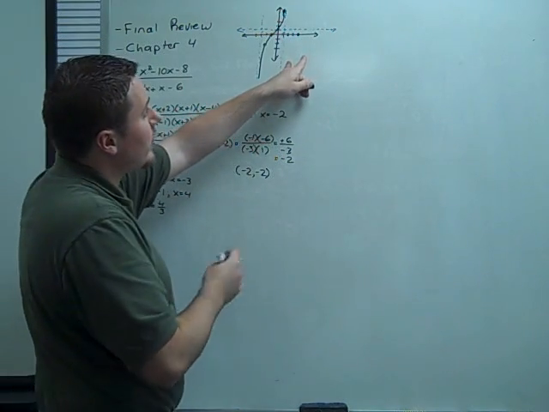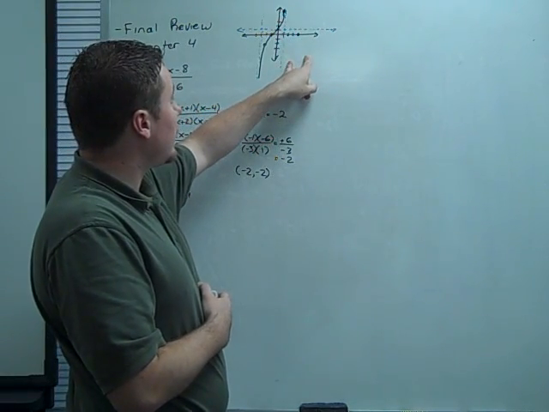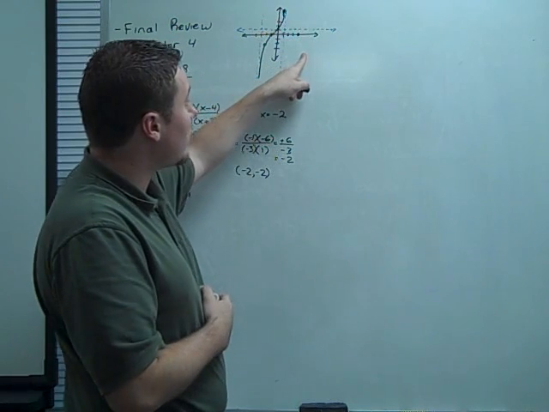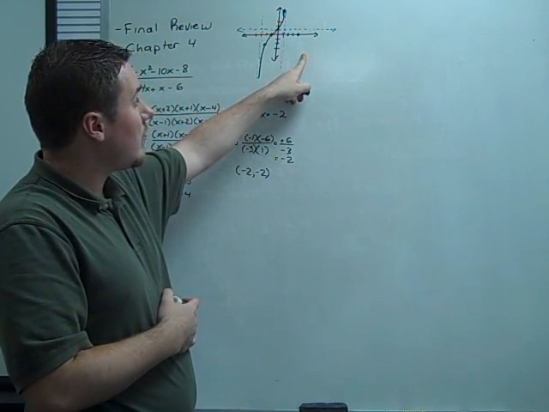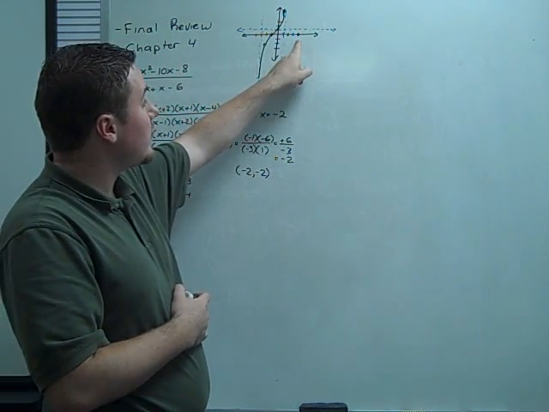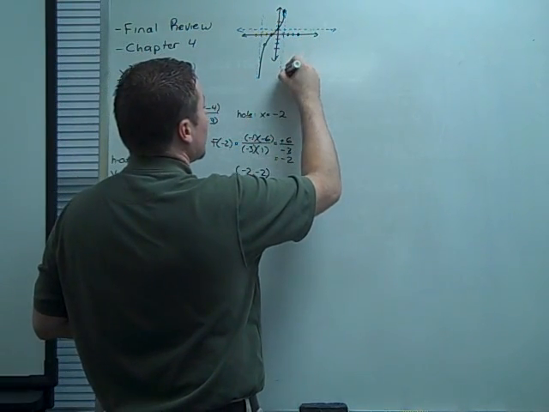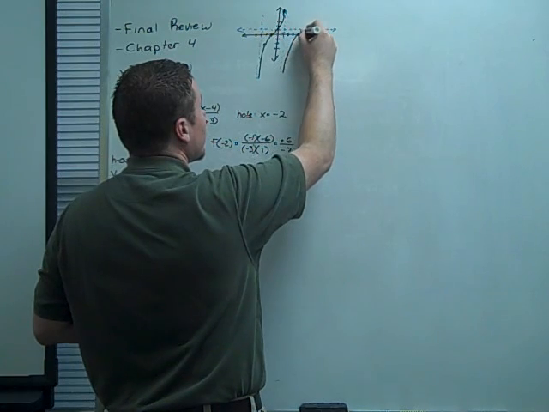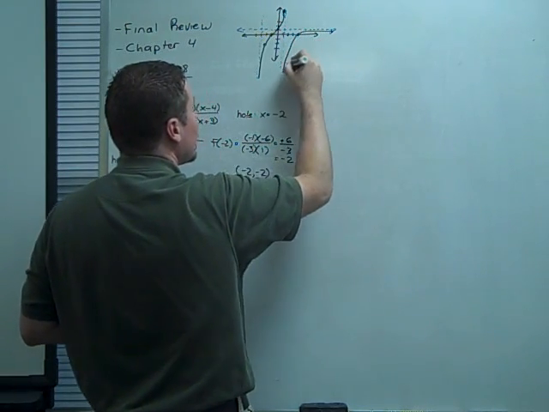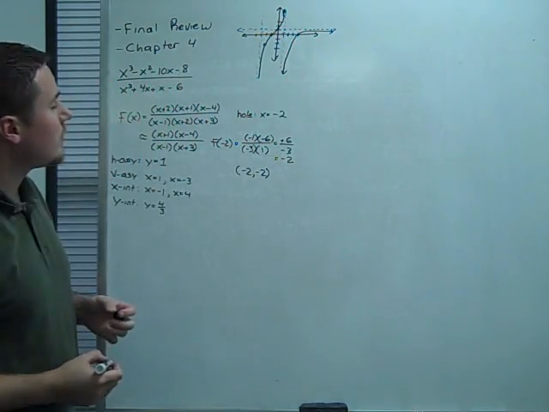Over here, we can either have the graph be above or below the horizontal asymptote. Because it has an x-intercept, I think we're going to be below. So I'm going to come in like this, and then go out to the horizontal asymptote.